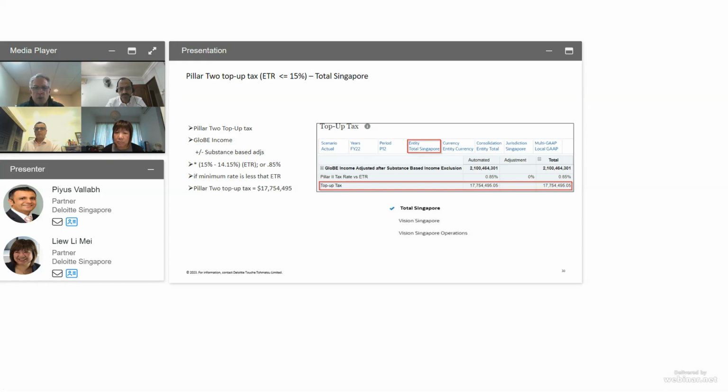So this model will be available in May for customers to look at on a preview basis, and will be GA later in the year, with our September release at the latest. So that's our presentation on our top-up tax model, and I'll turn it back to you.